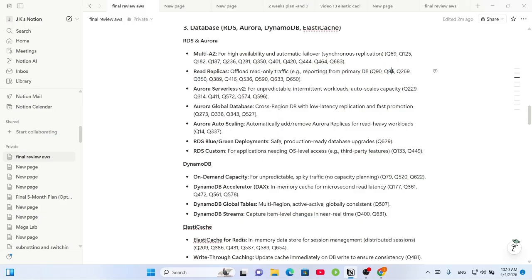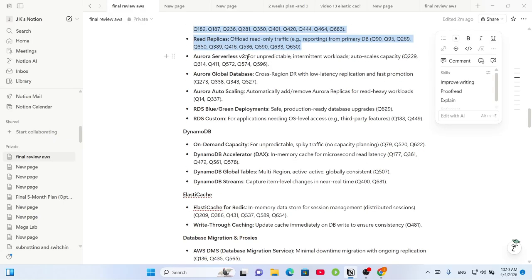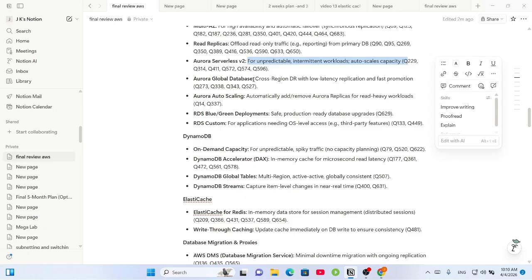You have 1, 2, 3, 4, 5, 6, 7. These 2 questions, you have a lot of questions related to this too. And for unpredictable intermittent workload, auto scale capacity, we have Aurora Serverless v2.